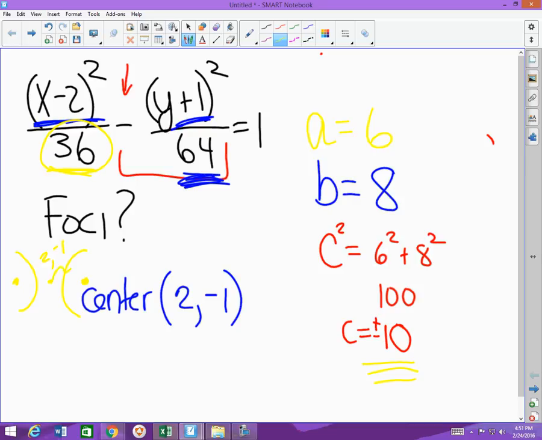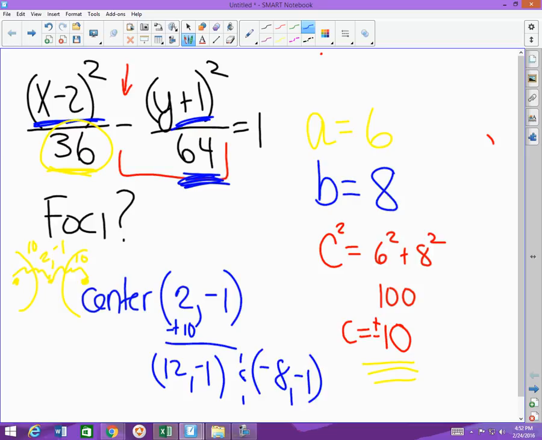And that has to be 10, and that has to be 10. And so if you take 10 and add it to 2, you would get 12, negative 1, and also subtract 10, which would be negative 8, negative 1. And those would be the foci.